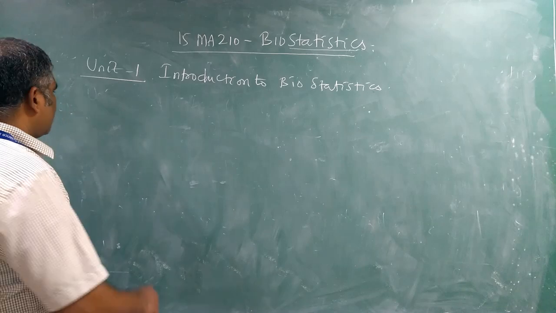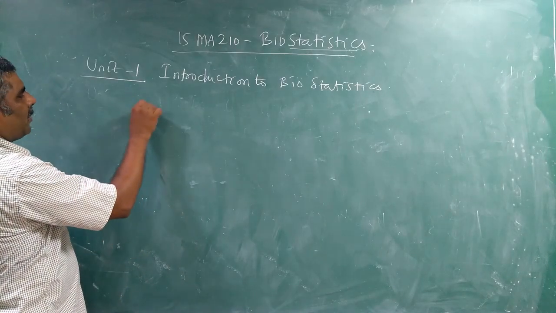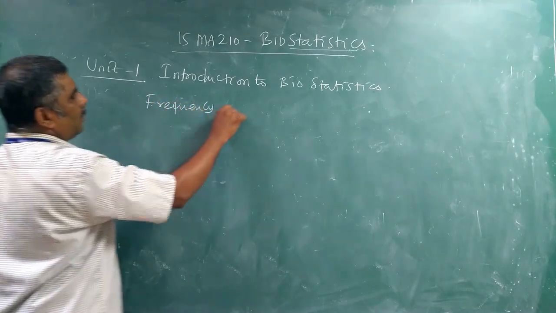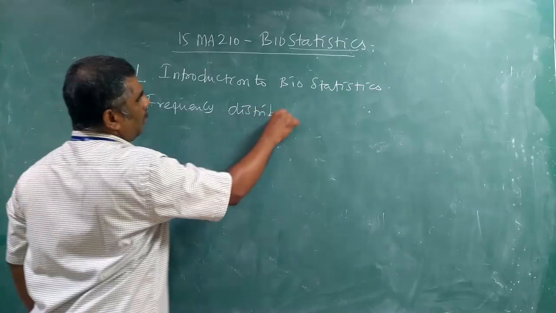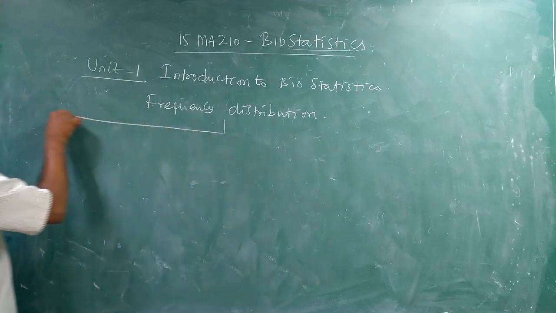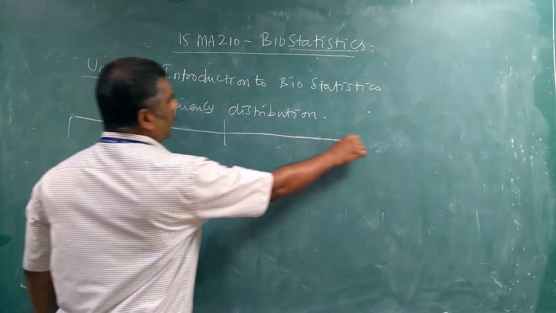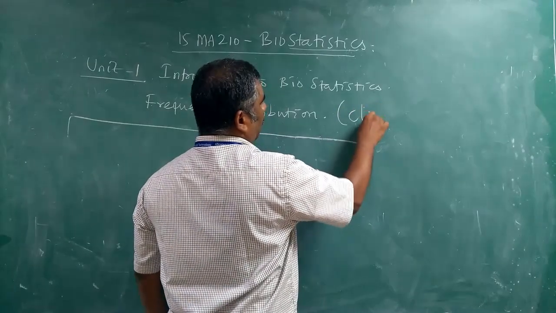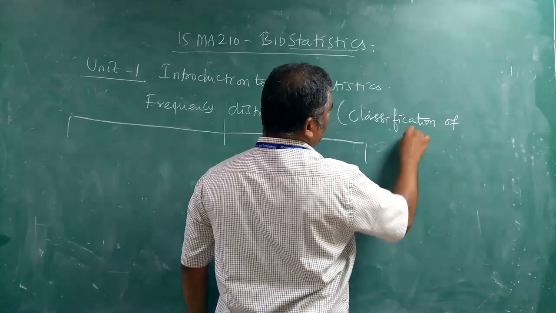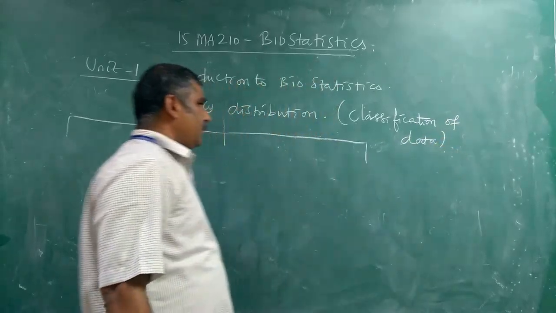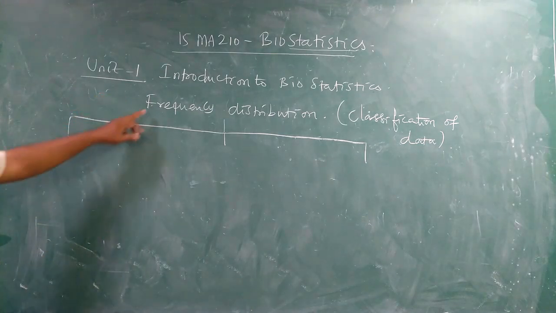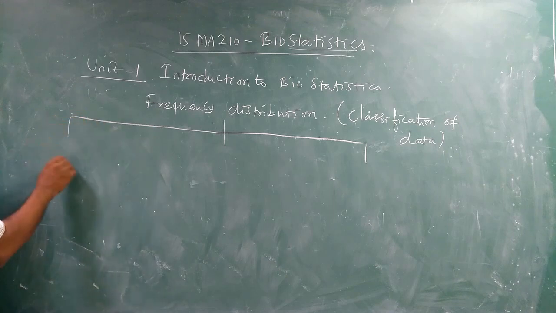The first topic in the introduction to biostatistics is frequency distribution. Otherwise, it is also known as classification of data. There are three types of frequency distribution, that means classification of data.